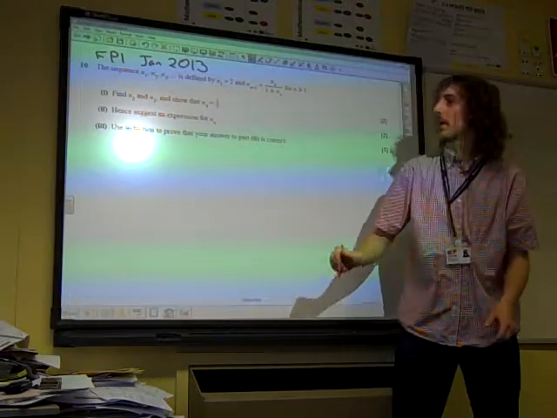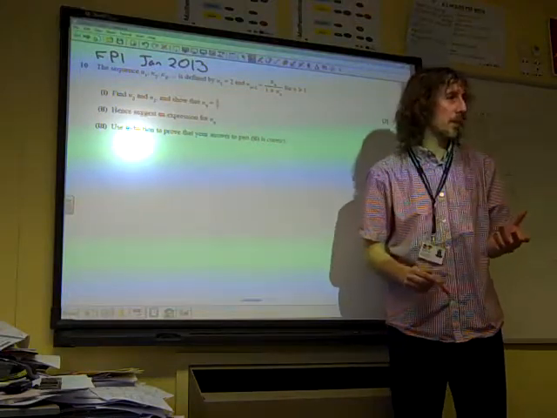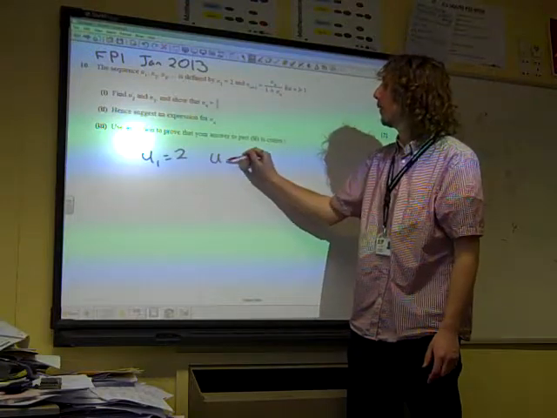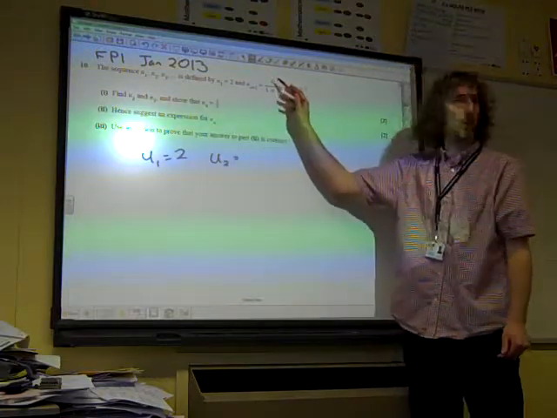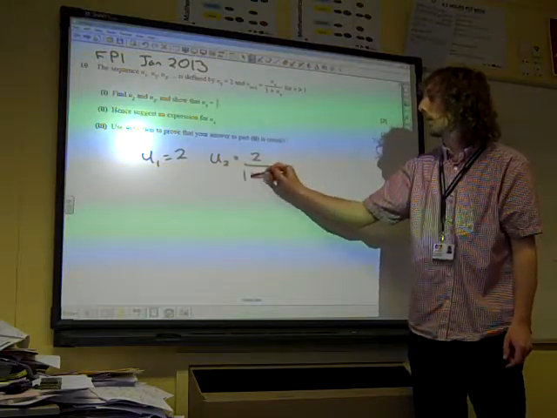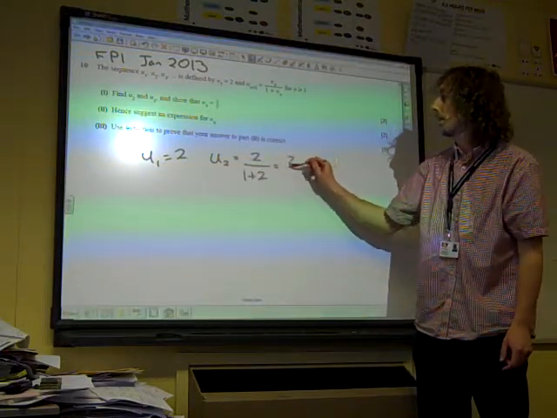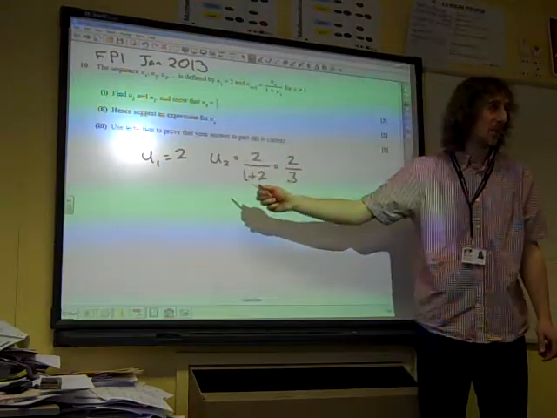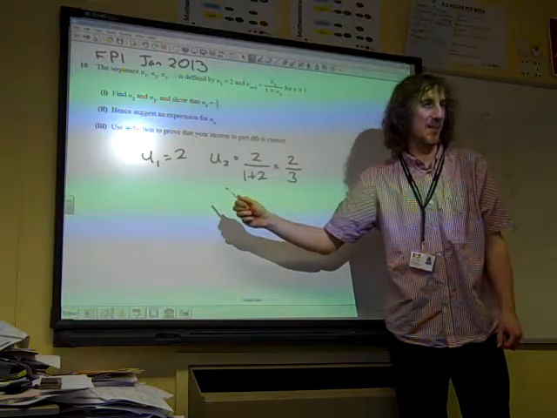The sequence is defined by this, so it's just about subbing numbers into the sequence to start with. You've got U1 is 2, so U2 is U1 over 1 plus U1. So that's going to be 2 over 1 plus 2, which gives us 2/3. Now, we've got U2, but we still haven't found what we're looking for.